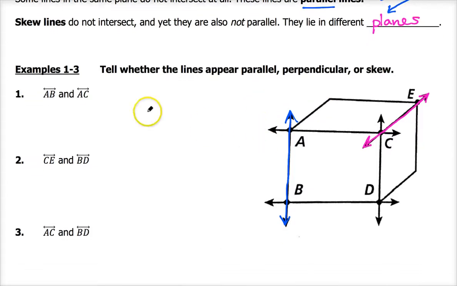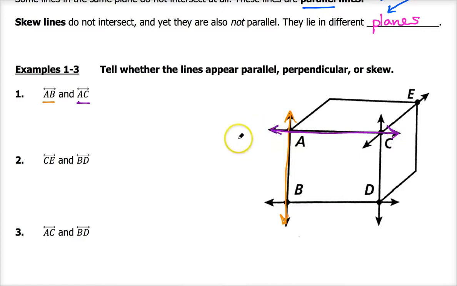Okay, so in these examples 1 through 3, we're going to tell whether the lines appear to be parallel, perpendicular, or skew. So let's go ahead and start with number 1. Number 1 asks us to compare line AB and line AC. Line AB is this line that I had just highlighted a moment ago, and then line AC would be this line here.